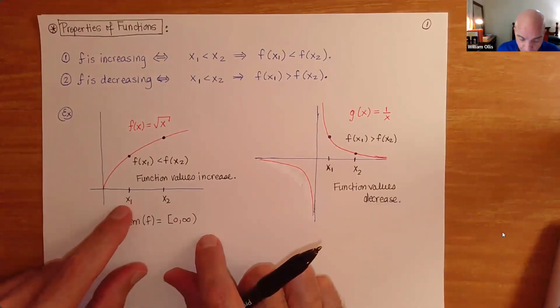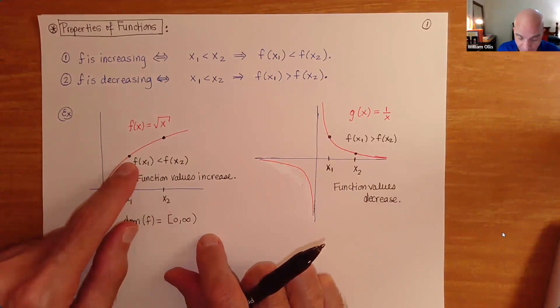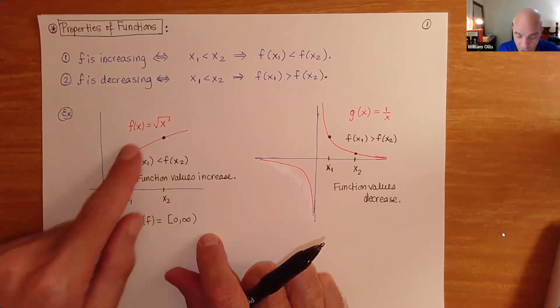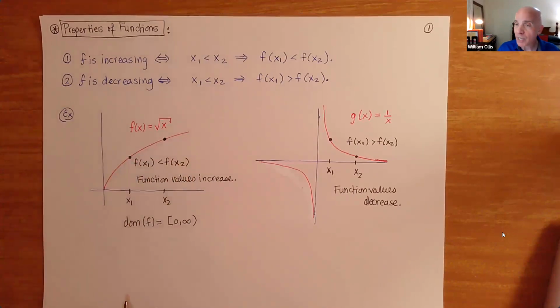And so if we take x1 to be less than x2, we would expect that the value of the function would increase at x2. And just looking at a very simple graph of the square root function as we understand it to be, that intuitively makes sense to us.